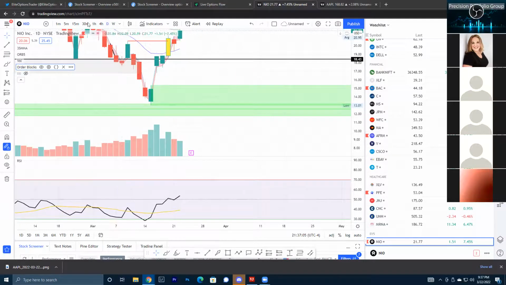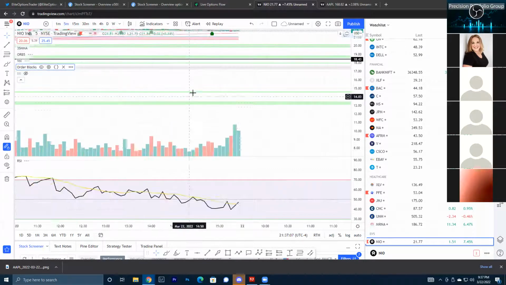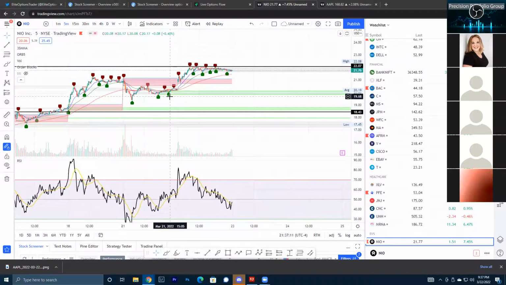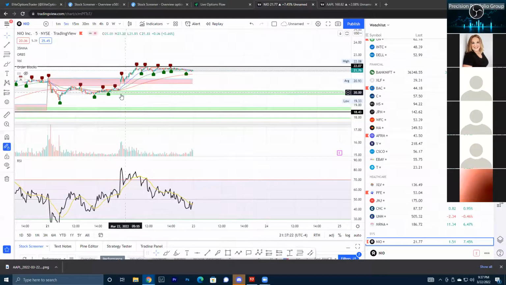This will give you, depending on where, let's go back to the 5-minute. So depending on where you're at in the play. For instance, right now, let's say today at around 2 or 3 o'clock, this pops up. That green tells you that more buyers are coming in.